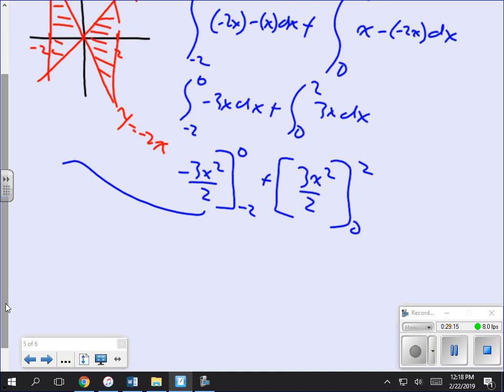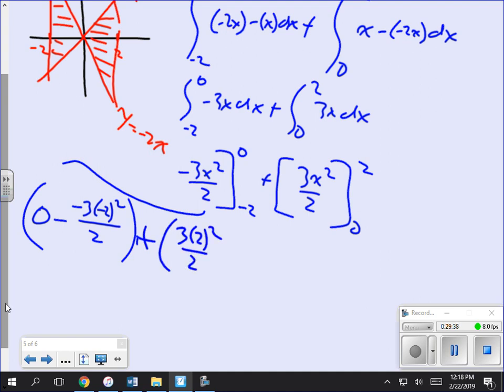So that's 0, because when I plug in 0 for x, I get 0, minus negative 3 times negative 2 squared over 2, plus 3 times 2 squared over 2 minus 0, which gives us 6 plus 6, which gives us 12.